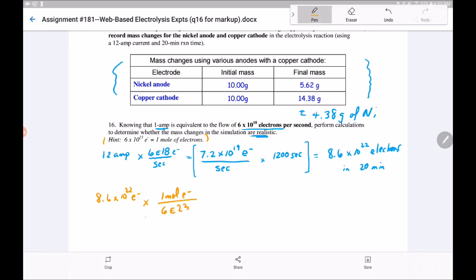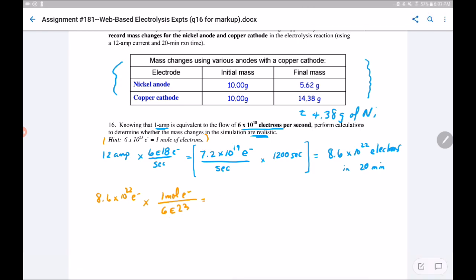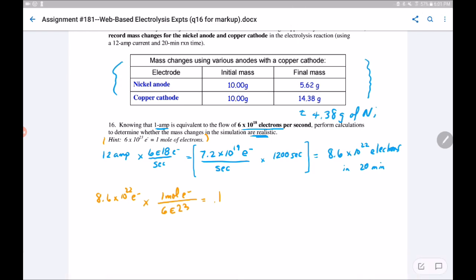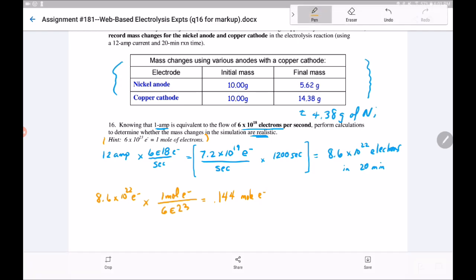It's going to be very important that you use scientific notation here, because when you divide, you need to divide by the whole value. All right, so this is a small number of moles. My calculator says 0.14 moles of electrons. I'll do one more significant digit. All right.